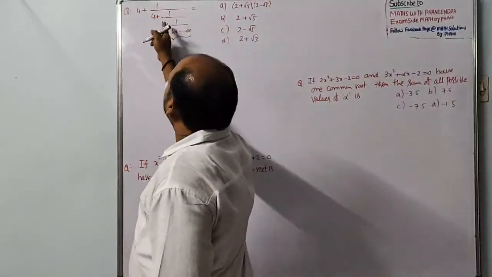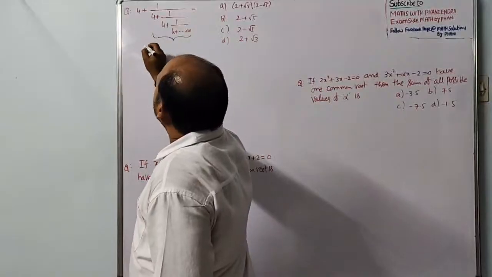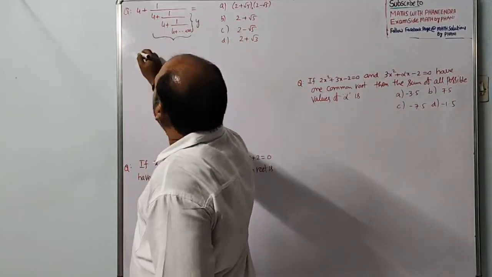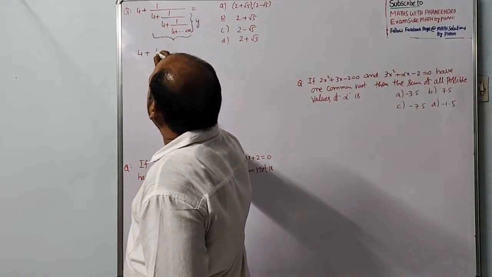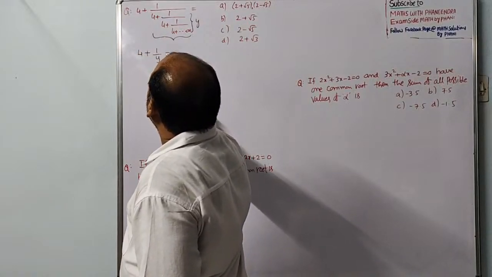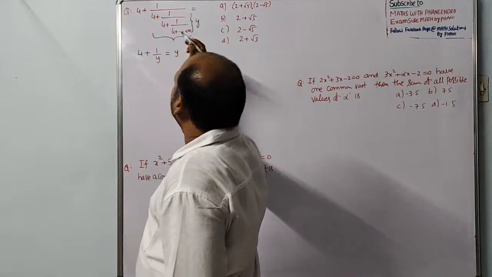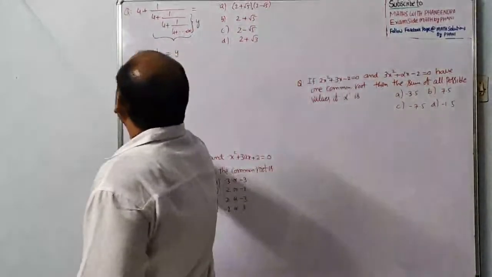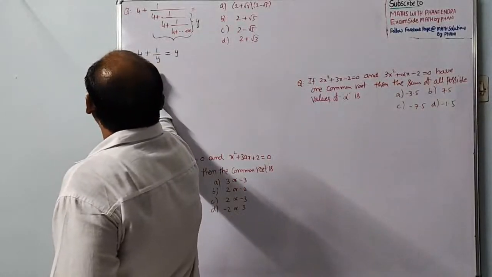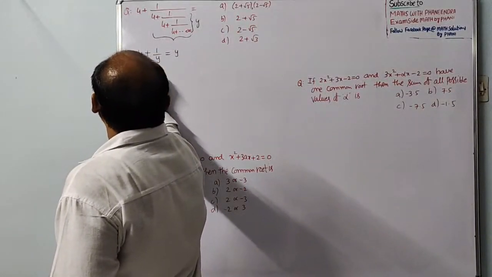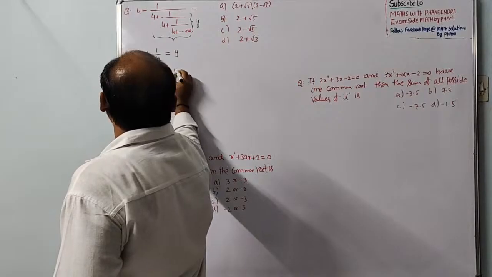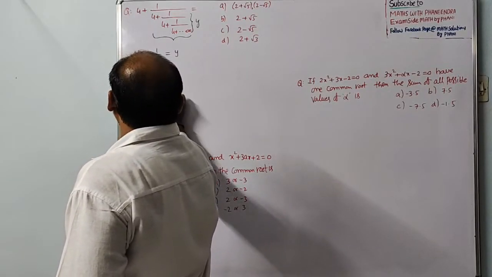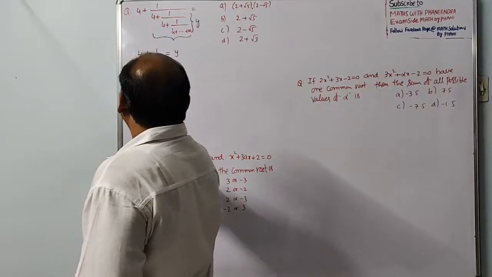Whenever you are assuming this as y, the given problem becomes 4 plus 1 by y is equal to y. Are you all with me, dear students? So 4y plus 1 divided by y equal to y. Cross multiply, y square equal to 4y plus 1.